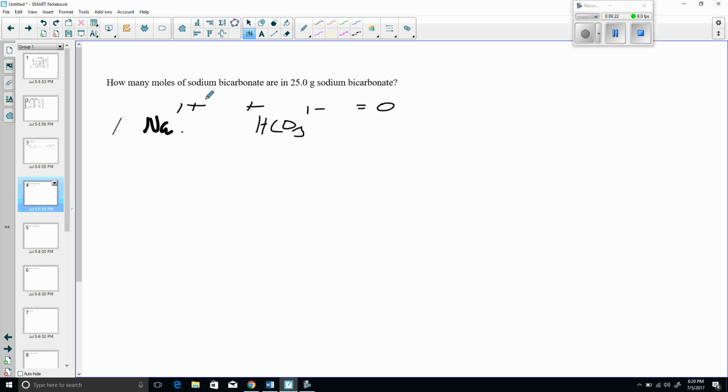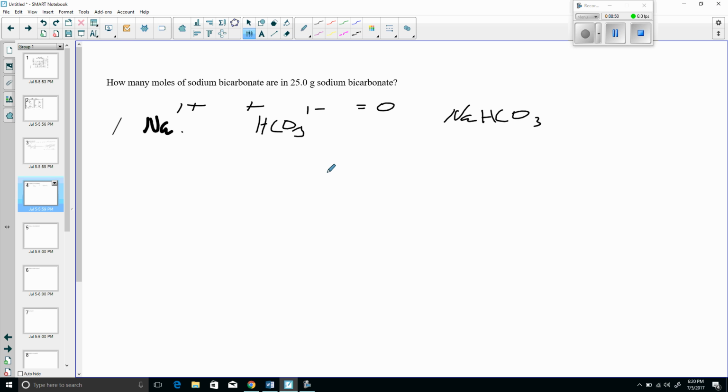And because the sum of the charges equals 0, our formula is going to be NaHCO3. Now, if our charges were different and did not equal 0, we could not just write this. But we do know that the formula is NaHCO3 based on the sum of the charges equaling 0.